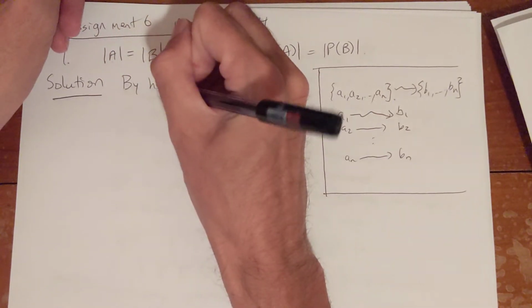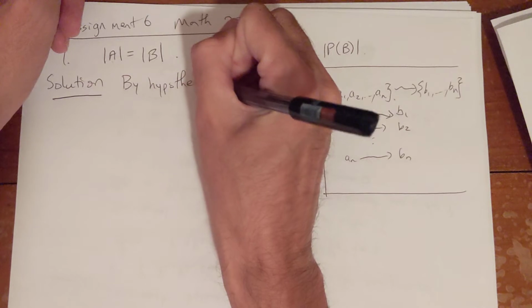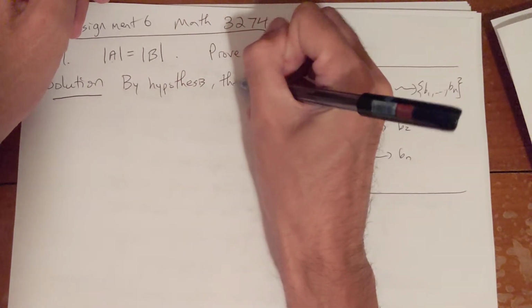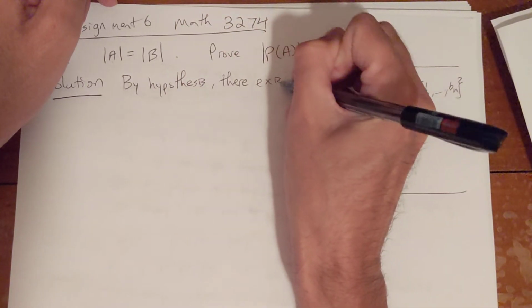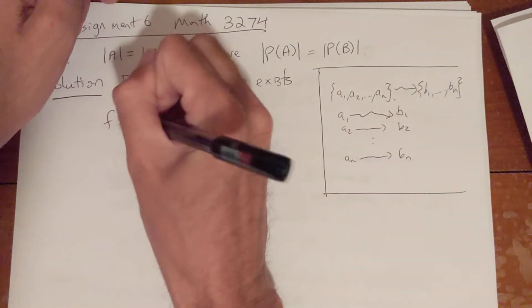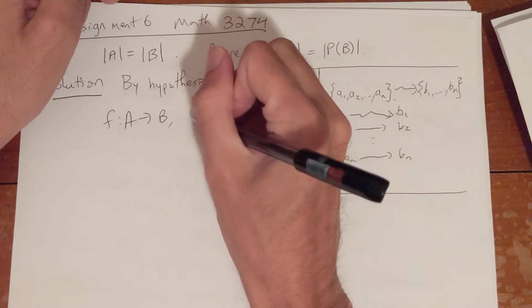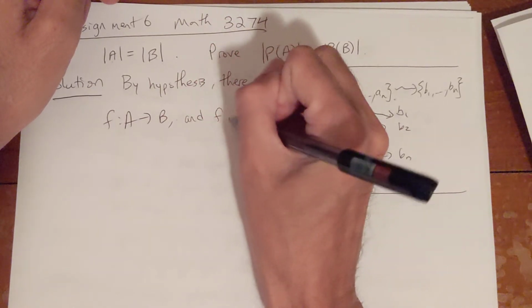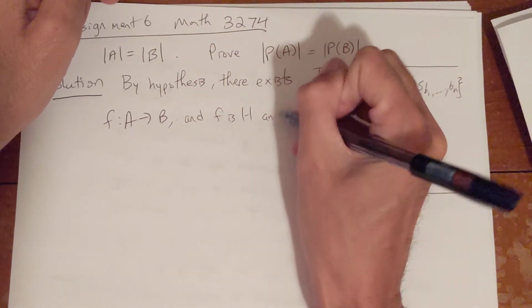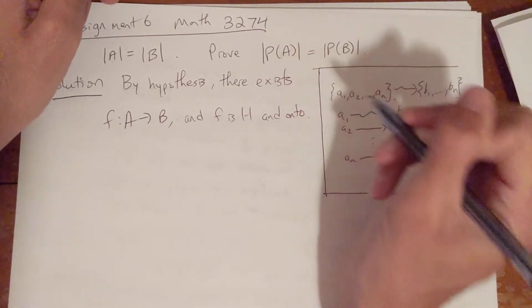So by hypothesis, there exists f from A to B, and f is one-to-one and onto.